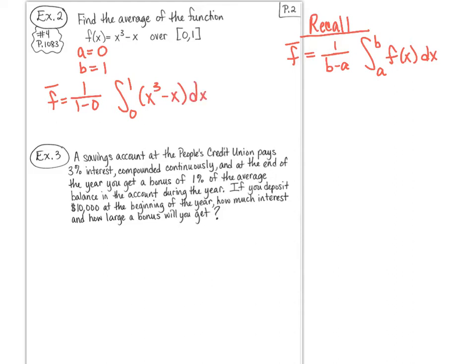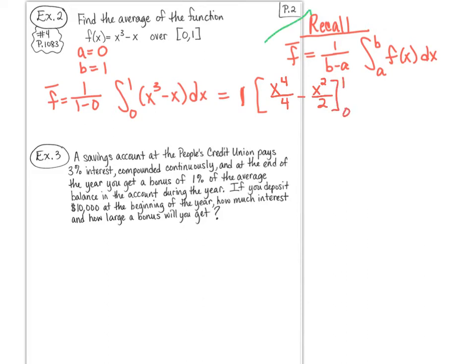Well, 1 over 1 minus 0 is just 1. So you have 1, and we don't even have to write it there, but if you want to, you can. And then we have 1 times, we have to take the antiderivative of x cubed and subtract the antiderivative of x. So we get x to the 4th over 4 minus x squared over 2, evaluated from 0 to 1.